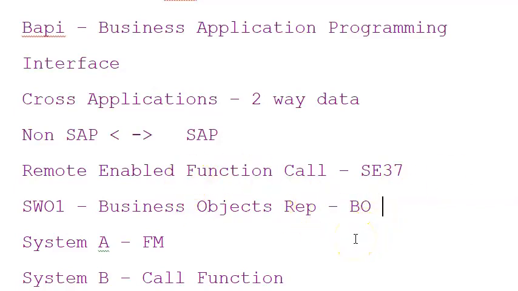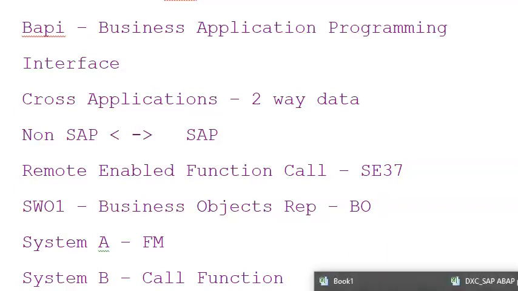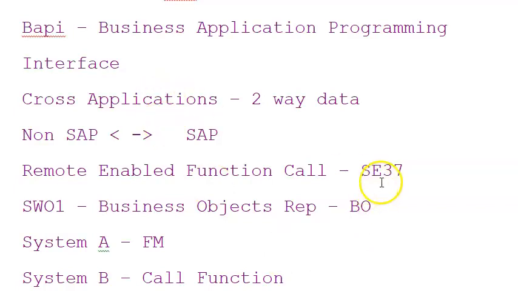Once we attach it, then it becomes a BAPI. Once a BAPI has been created, it can be used in multiple different infrastructures. A BAPI function module can be used in multiple scenarios. So let's understand more in depth about the BAPI. Let's create one BAPI, and then we'll conclude.